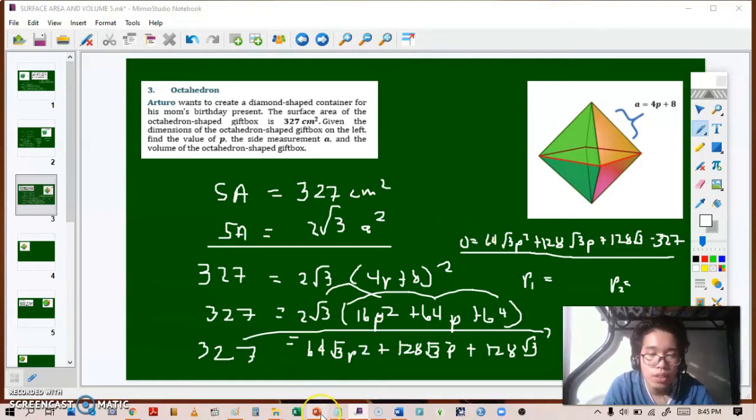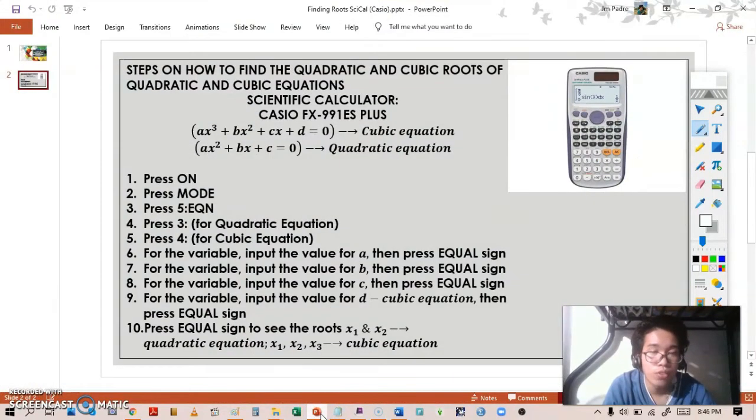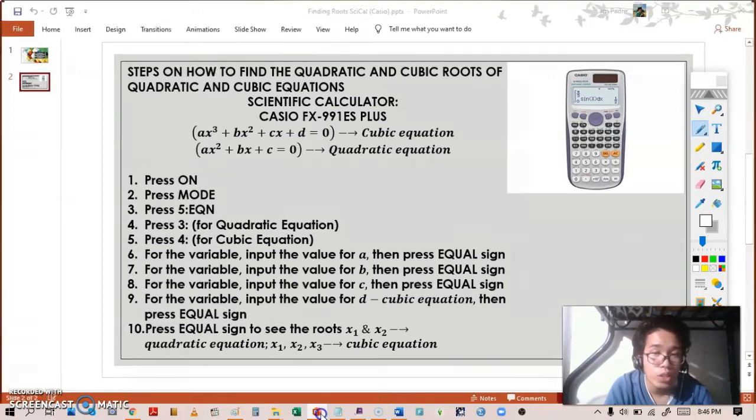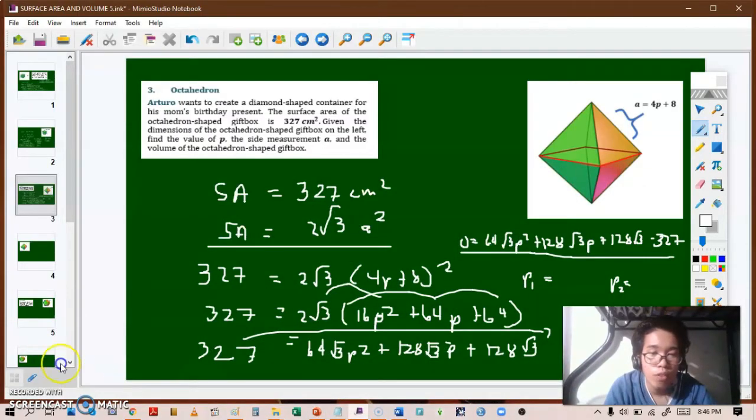And again, using the calculator trick that we can use for this problem, using our scientific calculator for quadratic equations, we can get that the values of the first root and the second root of p are 0.4 and negative 2.40. And again, since we cannot take a negative root for our variable p, we have to use the 0.4 here.